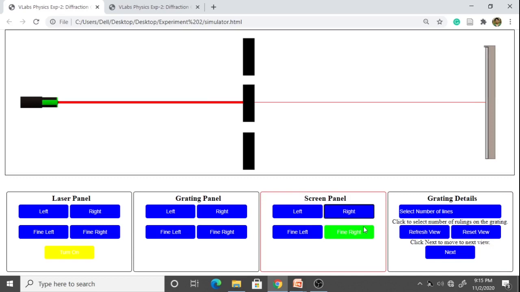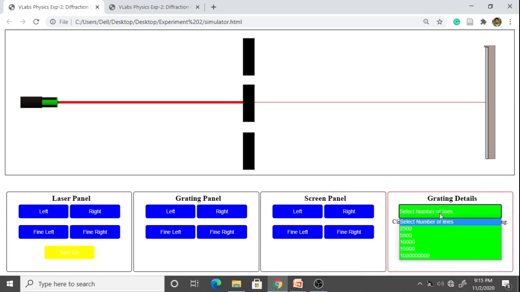In general, not more than a couple of gratings would be available in the physical laboratory for students to do the experiment. However, in this virtual experiment, we have provided 5 gratings with varying grating constants. The relation between the maximum number of orders visible and the diffraction grating of a given ruling per centimeter can be seen here.